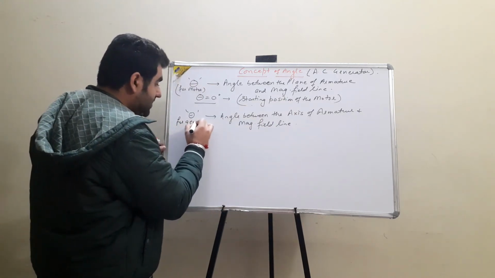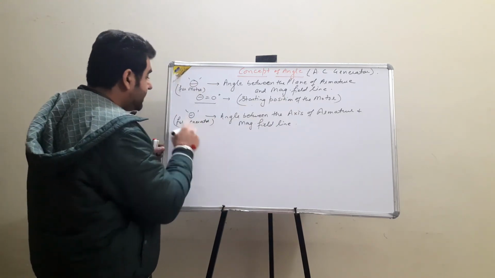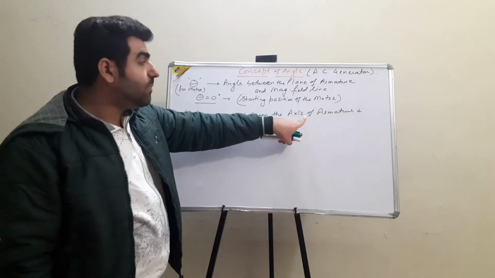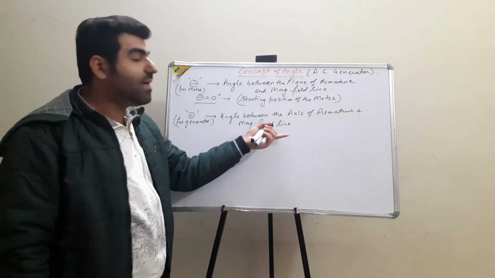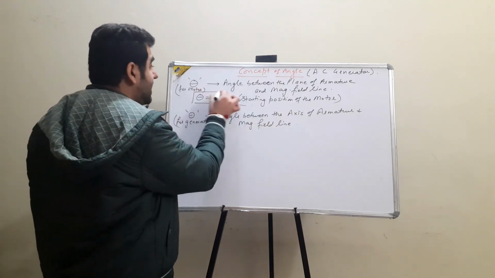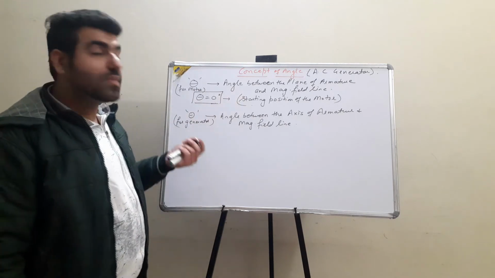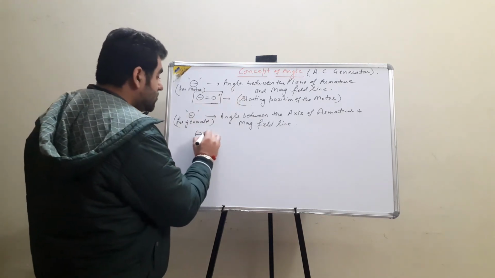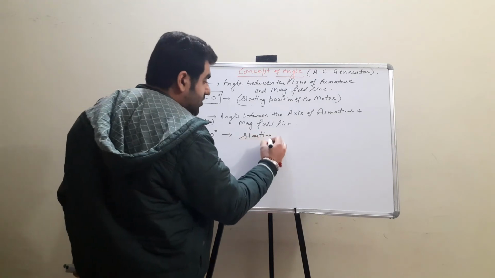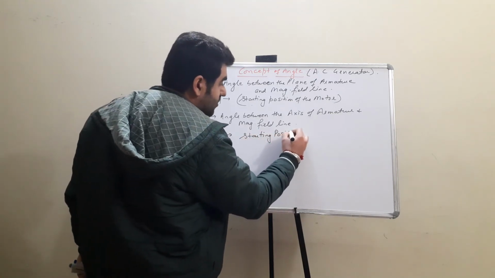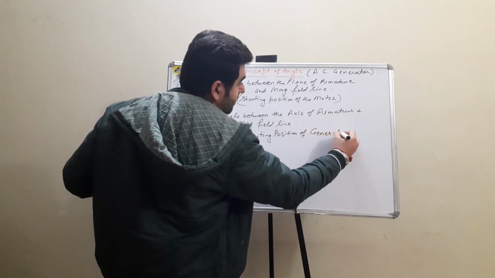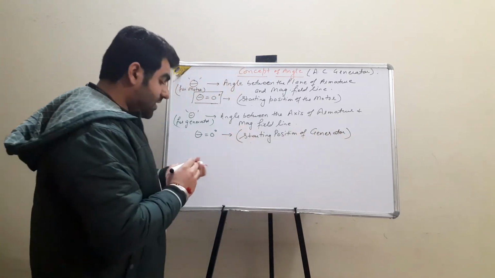When we have to consider a generator, we'll take theta between these two things, not the plane of armature but the axis of armature and magnetic field line, in order to make this theta still 0 degrees. How? So theta is 0 degrees. Again, the starting position of generator.